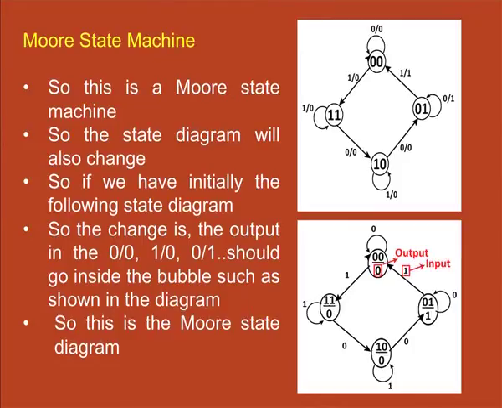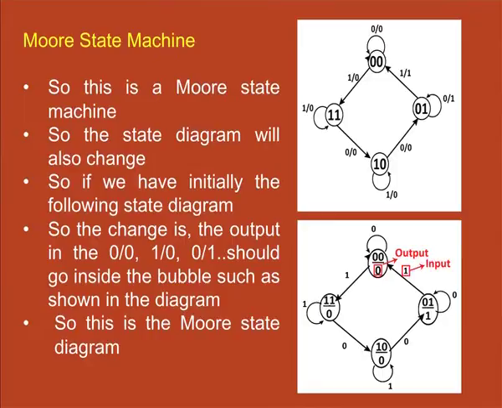And once we know the circuit, from here we can get the state machine which is shown in this slide, which has 4 states 00, 01, 10 and 11. Once we get the state diagram, we can try to reduce it further by using the knowledge that we discussed in the previous slide. If we have initially the state diagram shown at the top right of this slide, then we need to change it for representing the Moore state machine.